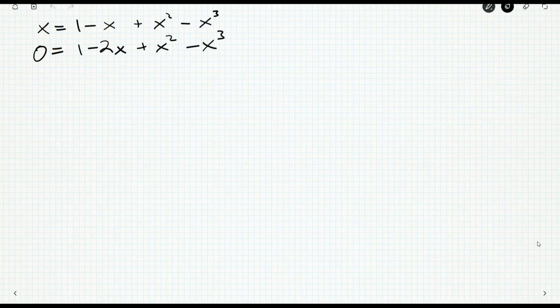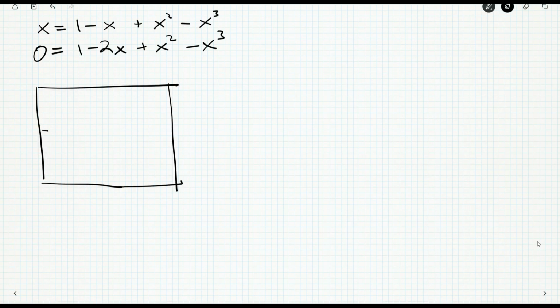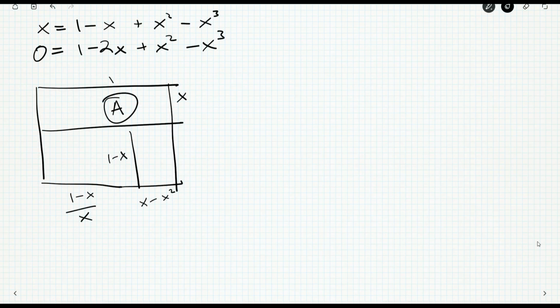What do we got? Well, what did they actually tell us to do? We had an A, a B, and a C. So we had 1 minus x. We had x minus x squared here, and then we had 1 minus x all over x. We had 1 and x. So this guy's the big one. Is there a way to tell who's the small one? x has got to be less than 1.